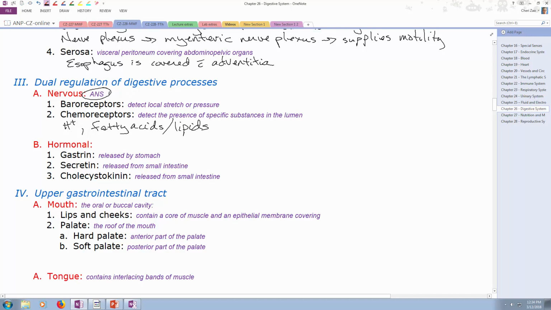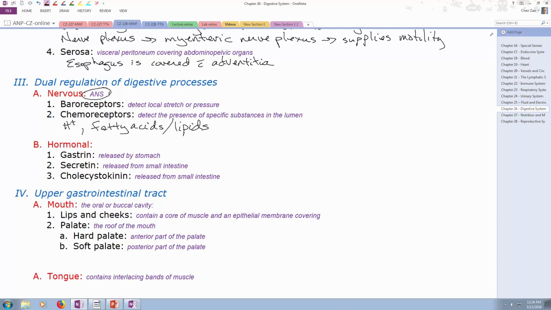So we have various chemoreceptors that are designed to actually detect fat content of our luminal material. And in certain areas, if we have a high fat content suddenly being delivered, we will want to put in more chemicals designed to help us with fat digestion. So we have those types of receptors too.